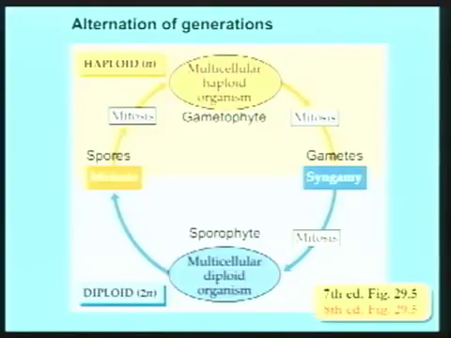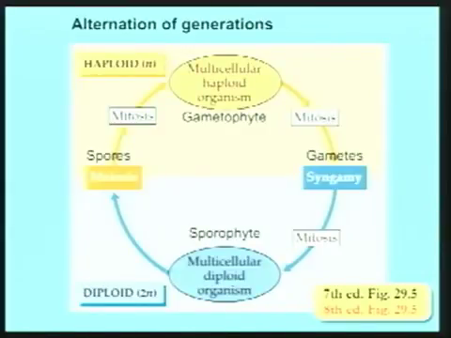We get a multicellular diploid organism that's always called the sporophyte, which is the spore-producing plant. Phyte just means plant. And then we have meiosis occurring to produce spores. So we go from diploid to haploid here in meiosis, and then mitosis to give us another multicellular haploid organism. So it just goes round and around here between the diploid and the haploid organisms.